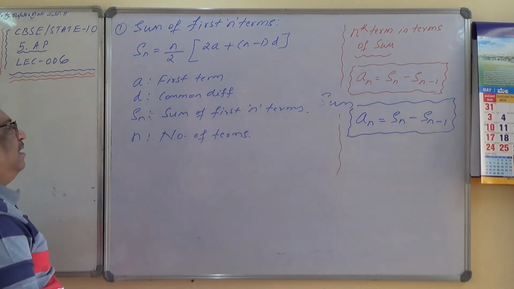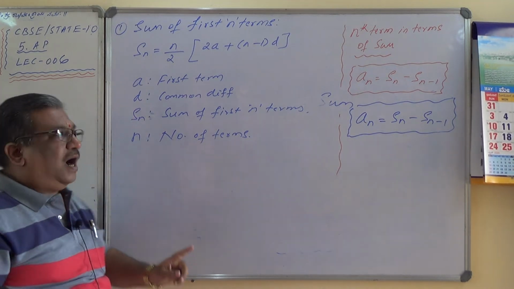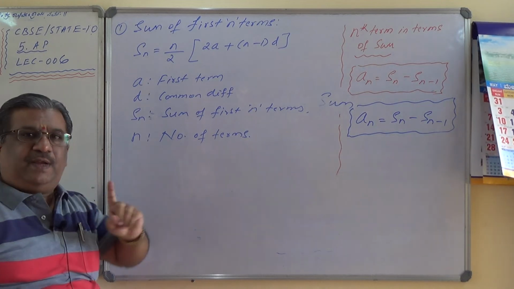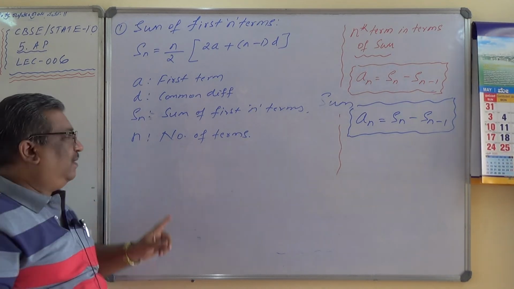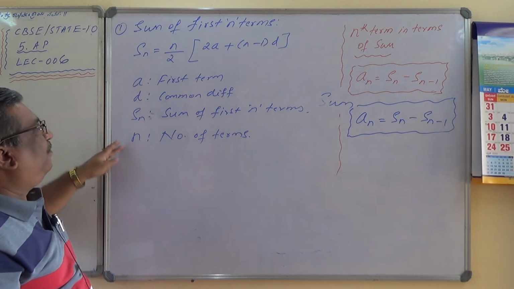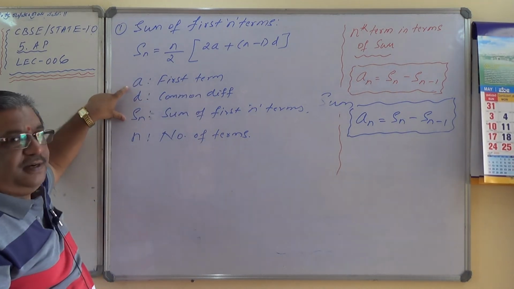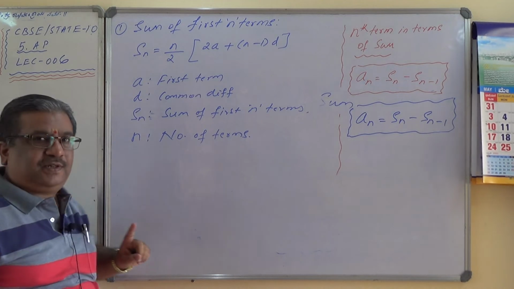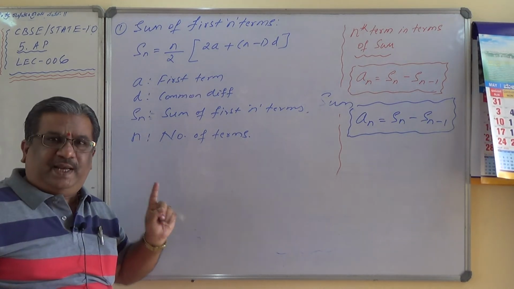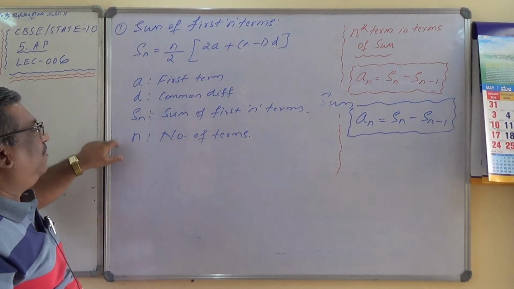Is it clear? 1, 2, 3, 4. Please remember, out of these 4 variables, if you know 3 variables, you can calculate the 4th variable. In order to calculate any one term, you must know the other 3 terms, and this is important.